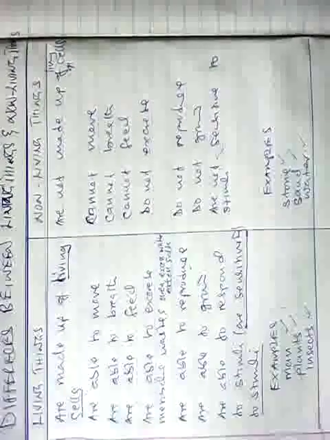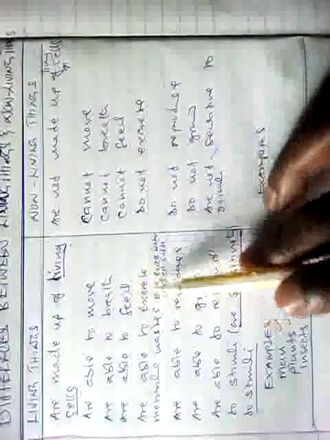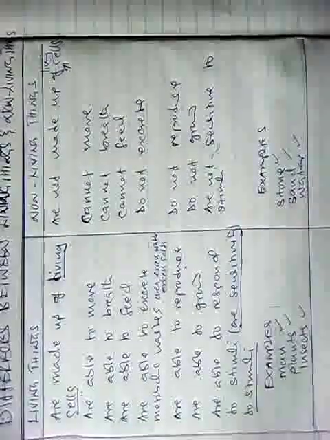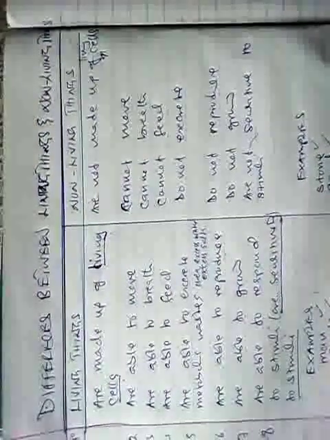It does not contain living cells, and it cannot do all the 7 characteristics of living organisms, such as movement, breathing, feeding, excretion. Then we have reproduction, growth, and sensitivity. So this is how you distinguish living things from non-living things.